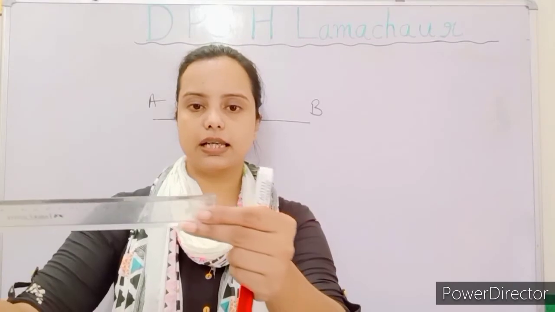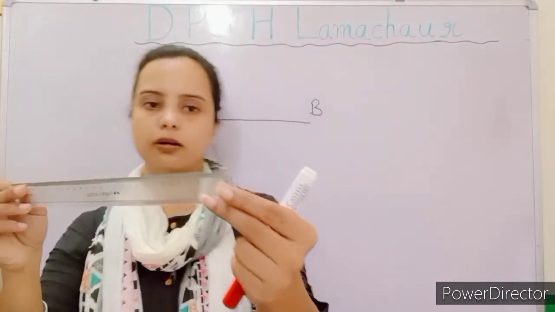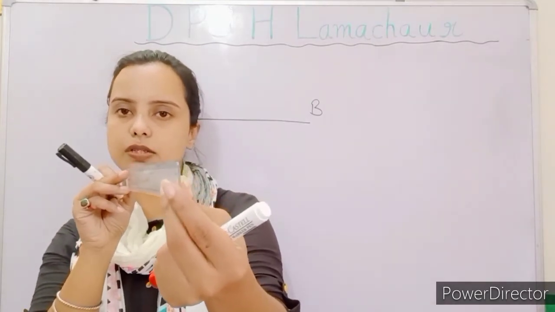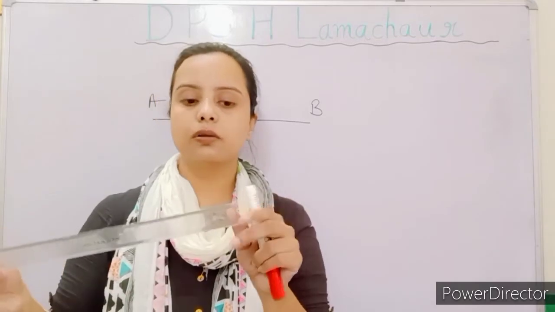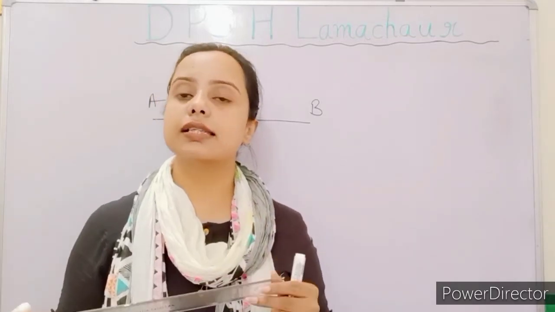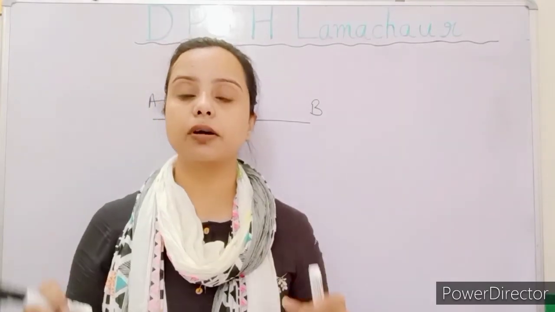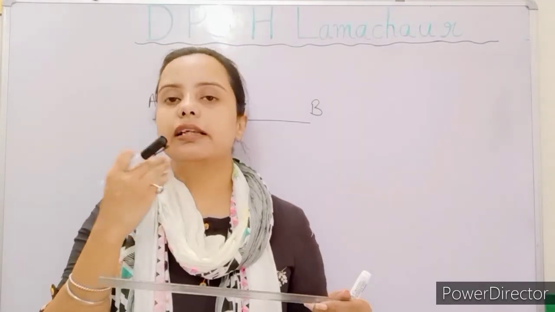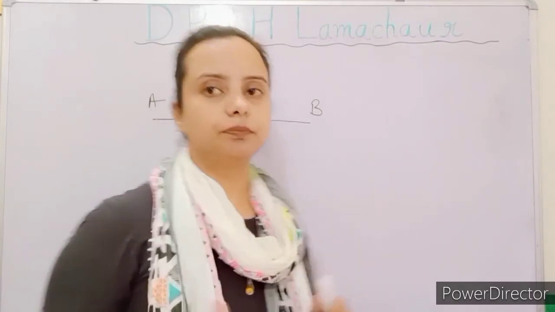Okay, as it is like this, straight, not from this side and not like this. So you will not get the exact reading if you will not see straight. Okay, so it is very important to take the reading in a correct manner, and that is straight.